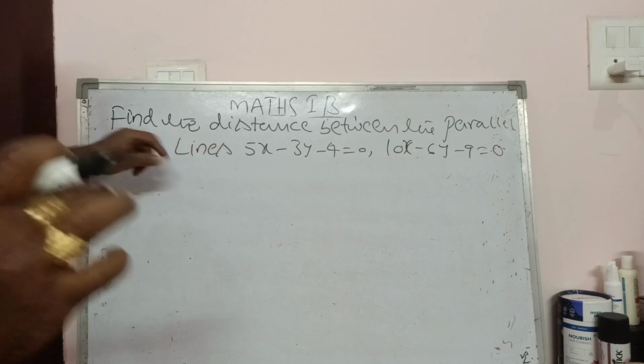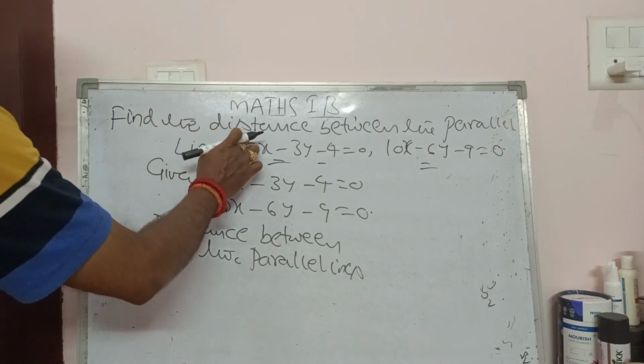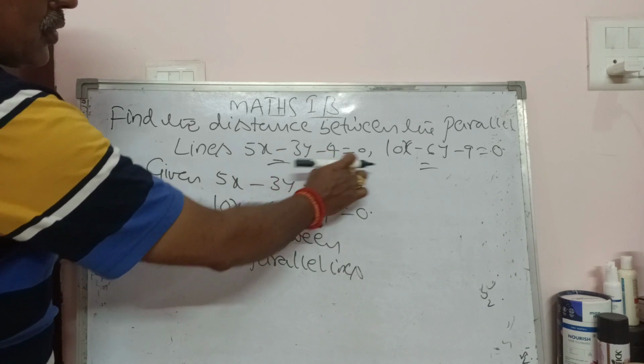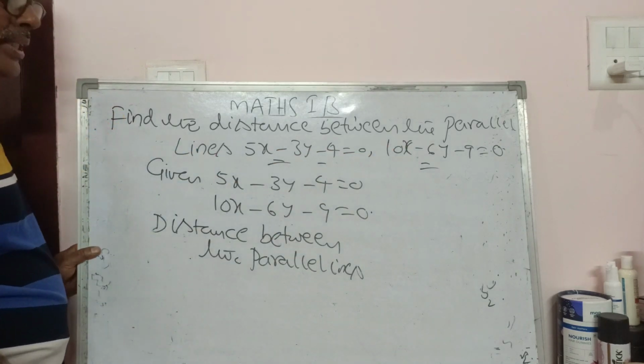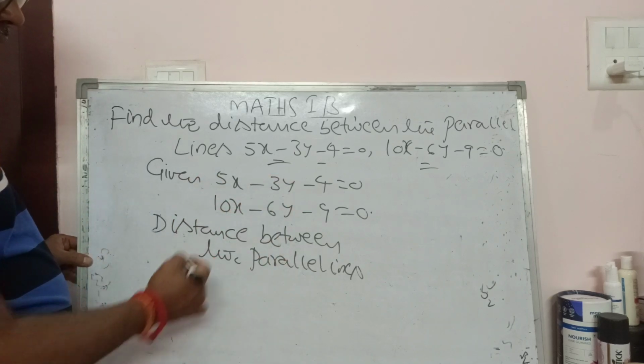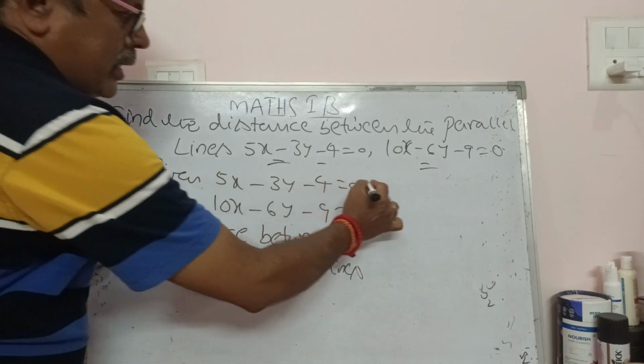Find the distance between the parallel lines 5x minus 3y minus 4 is equal to 0 and 10x minus 6y minus 9 is equal to 0. It is given that these two lines are parallel, which means their slopes are equal.